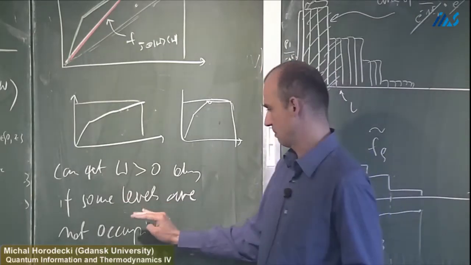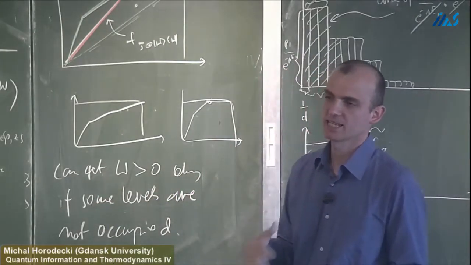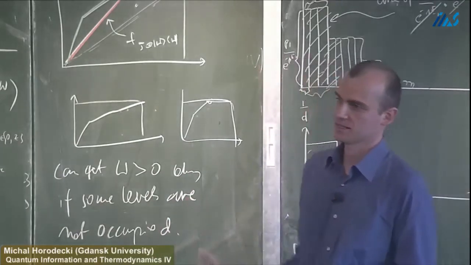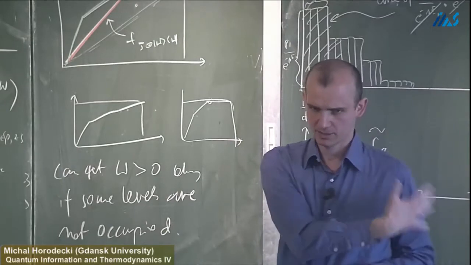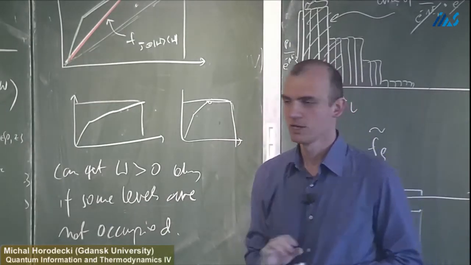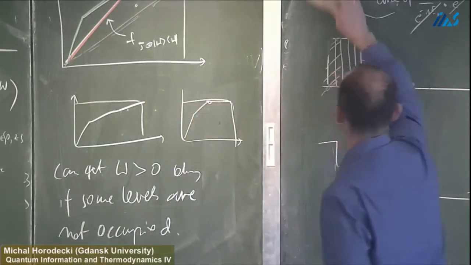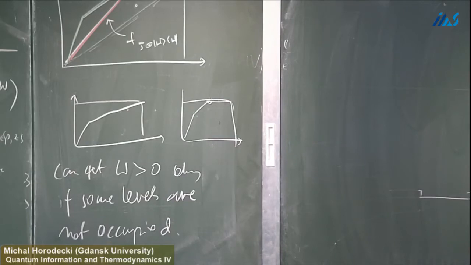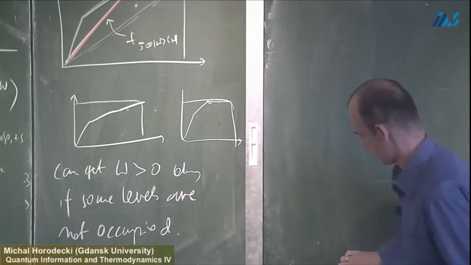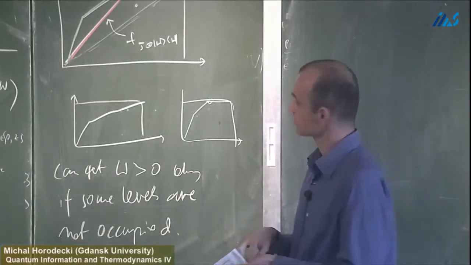Some levels have very, very small probability of being occupied, and then I risk, with this probability, that I fail to draw work. I will later show you that it leads to standard thermodynamics, accepting some very small error. But for a while, let's do everything in a very rigid way. Later we can smooth if you want. So to draw work, we need empty levels.